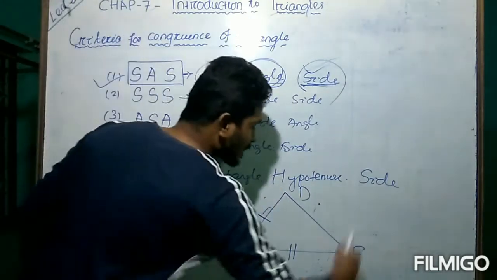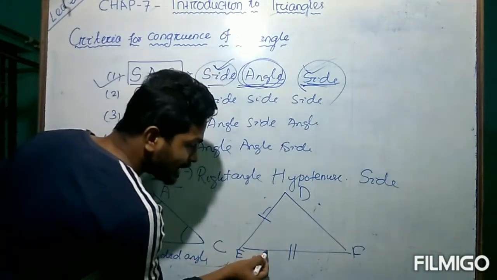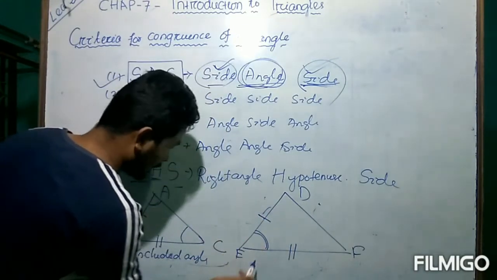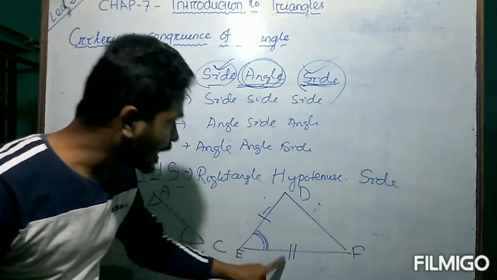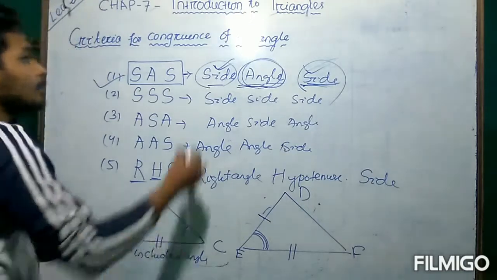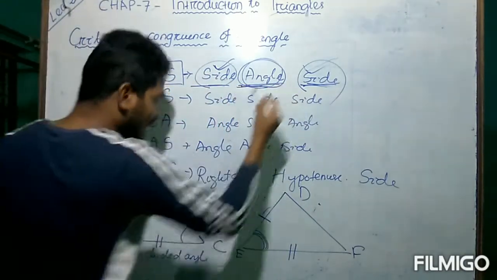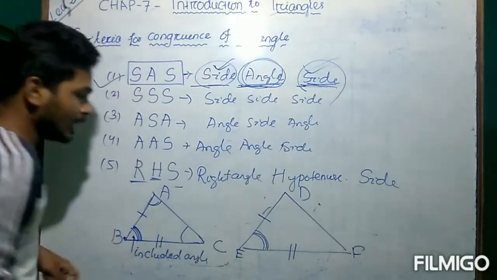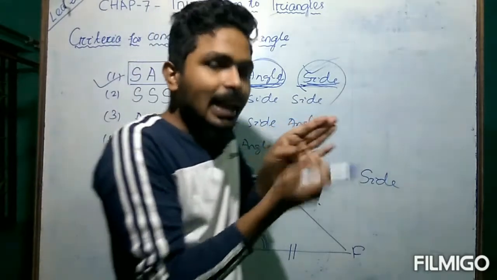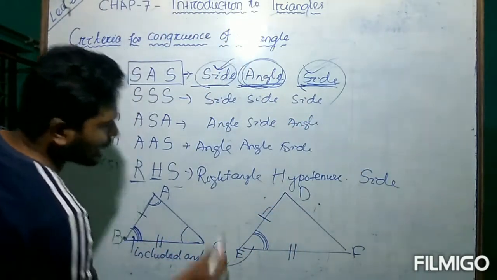Similarly, in this triangle, if these two are the consecutive sides, then angle E lies in between these two sides. That is why I am writing first side, then angle, then side. In between the two sides, an angle is formed. That is known as the included angle.